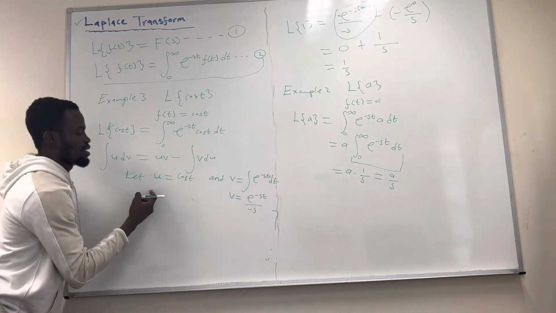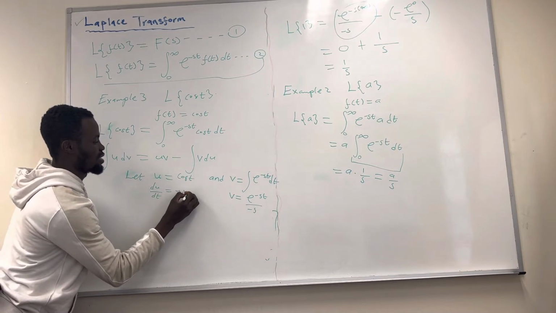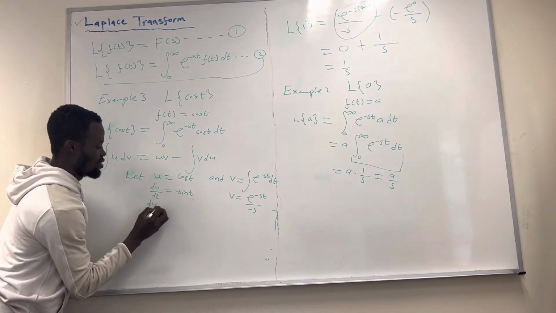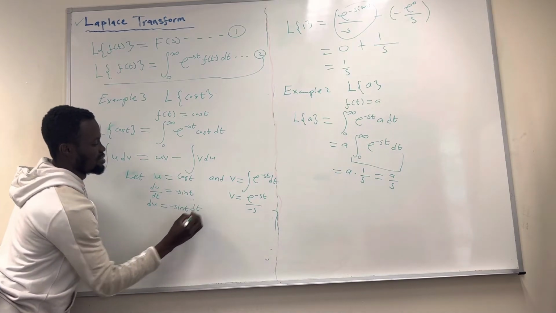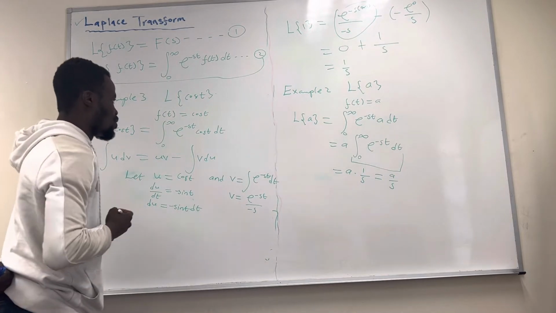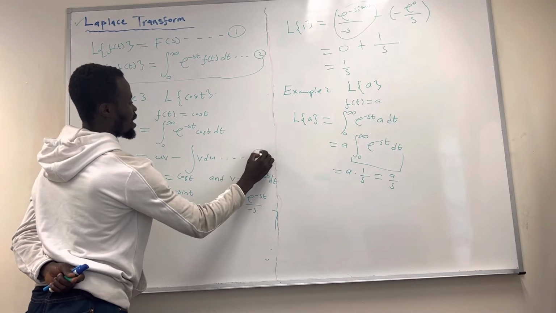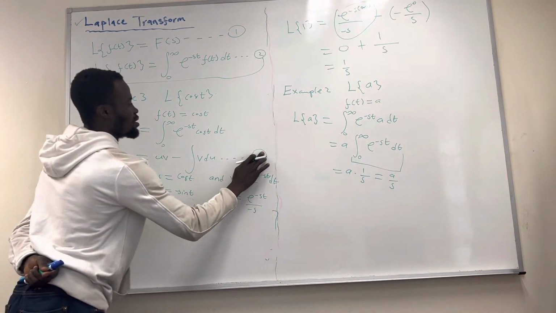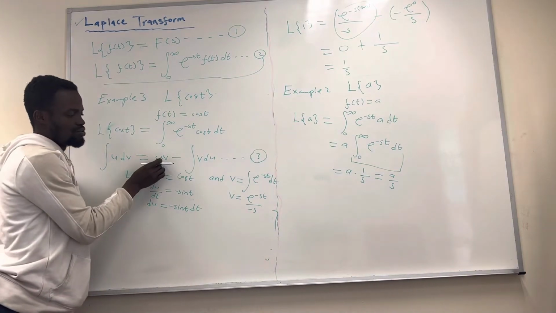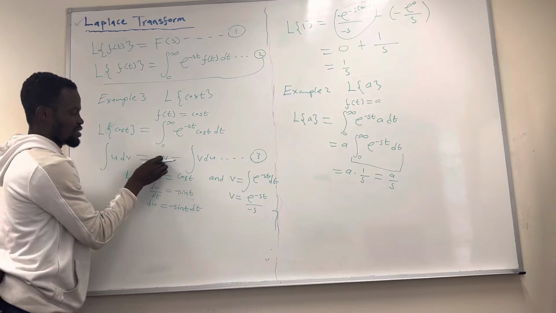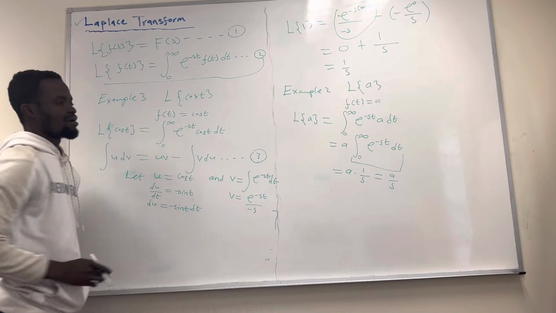Yeah, so here du dt is equal to negative sine t. So my du is equal to negative sine t dt. Okay, good. So let me go back to the integration by parts formula. I call that one equation 3. So wherever I see u, I put in this, whenever I see v, I put in this.